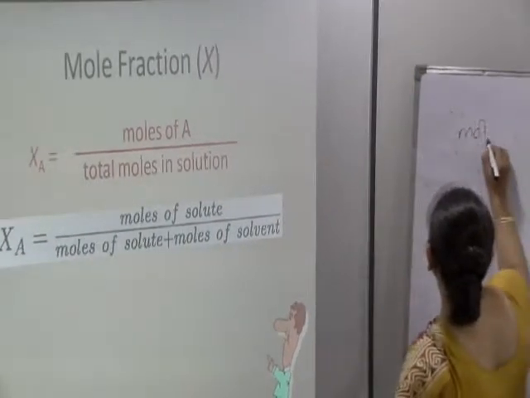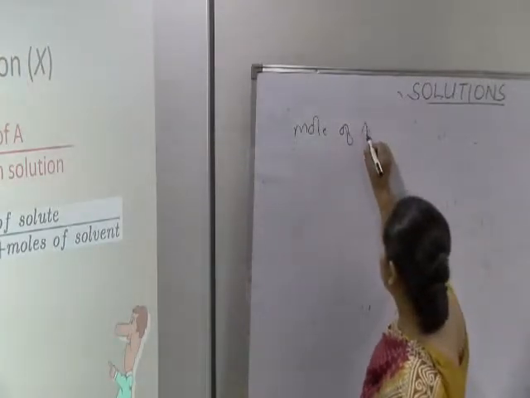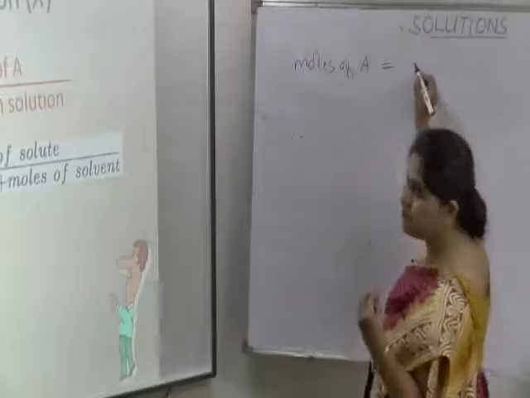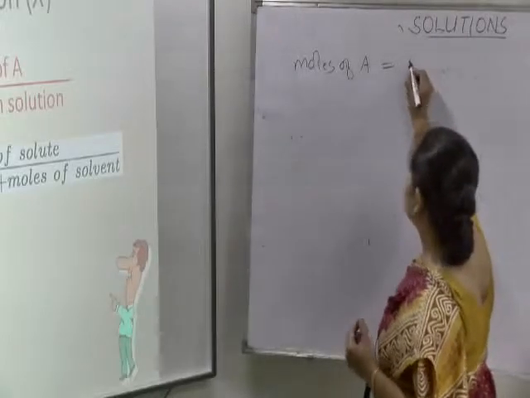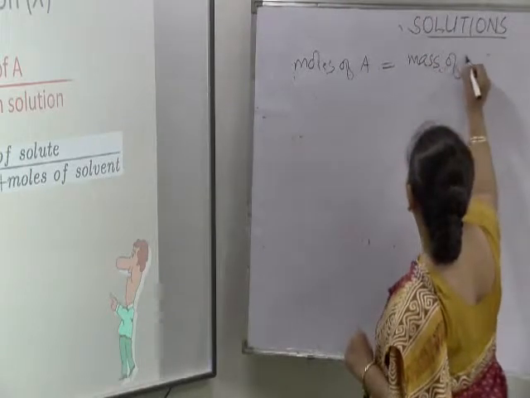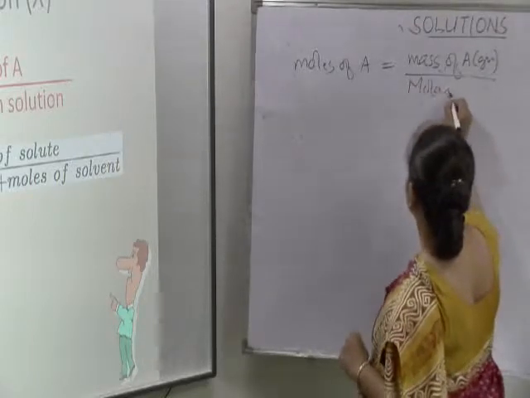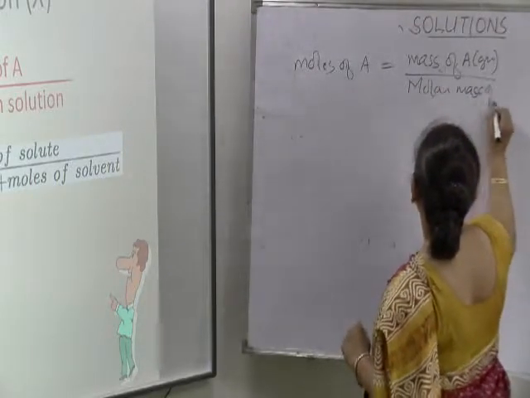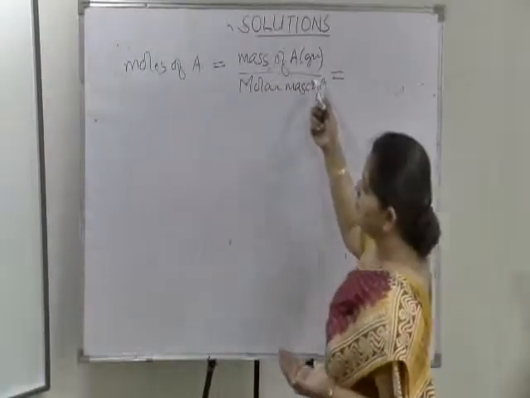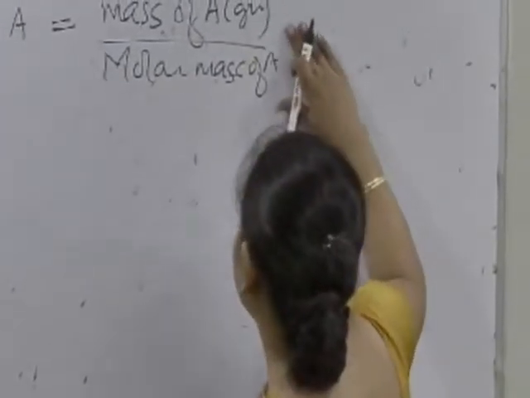When we talk about the moles of any component, let's say moles of A, please remember that you always divide the given mass of A by the molar mass of A. So it is the mass of A in grams upon the molar mass of A. You can also find the number of moles if the volume of A is given to you, but that is only when we talk about gases.